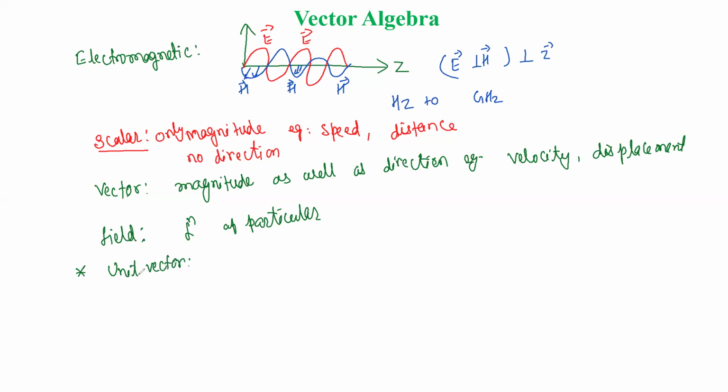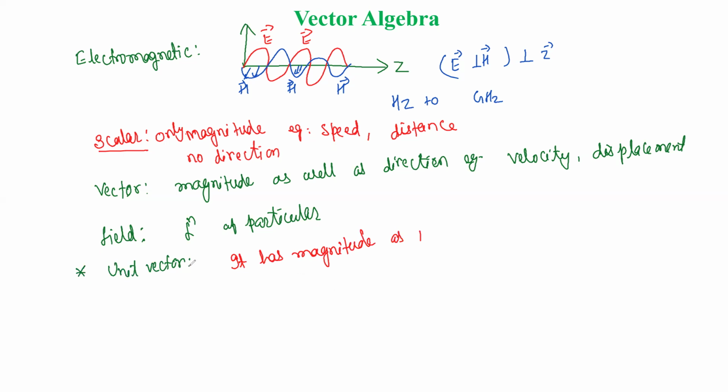Can anyone guess why it is called the unit vector? It has magnitude 1. That's why it is called the unit vector.